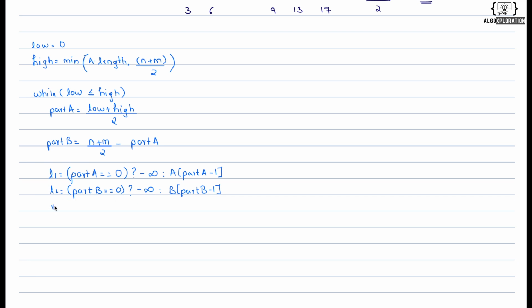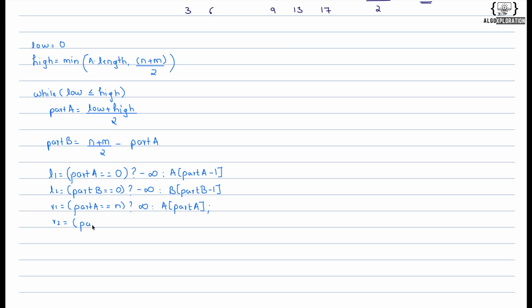Okay, now let's find R1. Here, if we are taking all the elements from array A, so if partition A is n, then the value of R1 will be plus infinity. Otherwise it will be A of partition A. And what about R2?